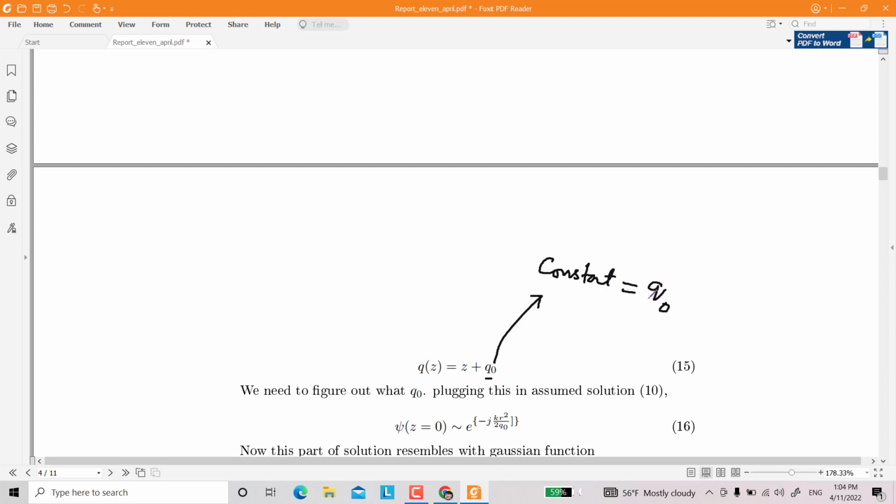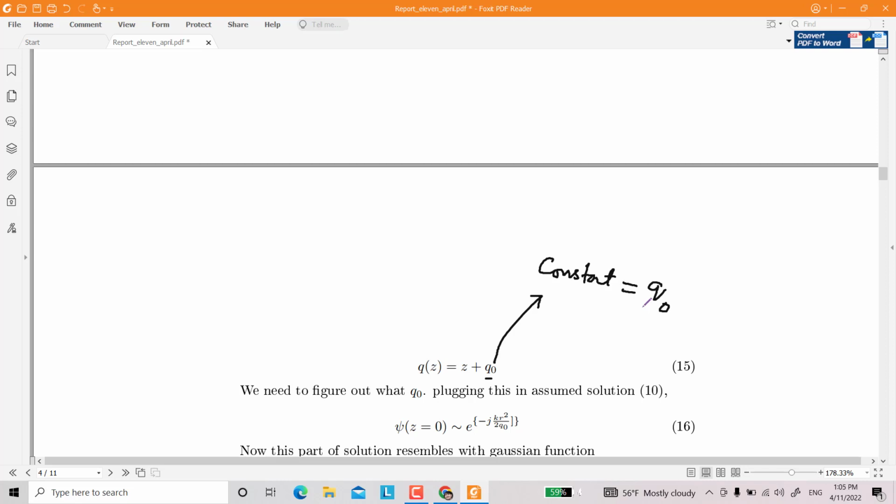Then the next task is to find out what q naught is, because it is just an arbitrary constant so far. We need to figure out the precise meaning of this q naught.